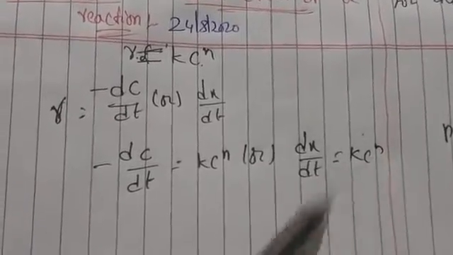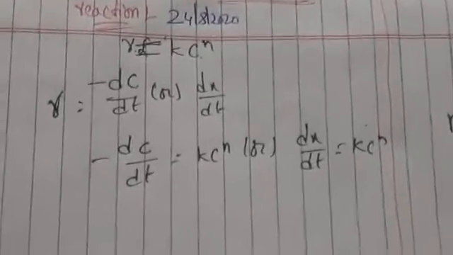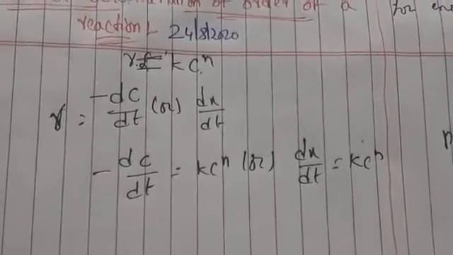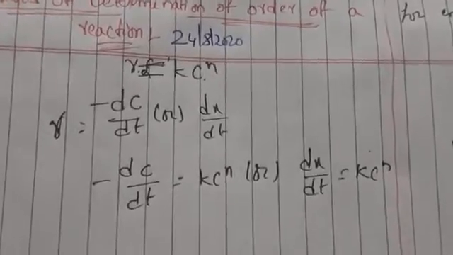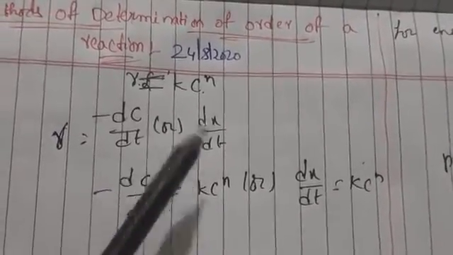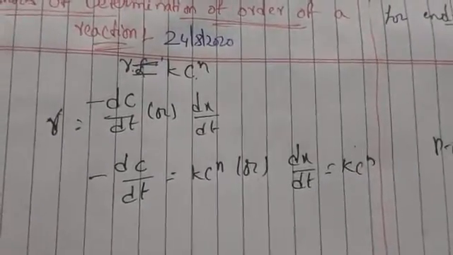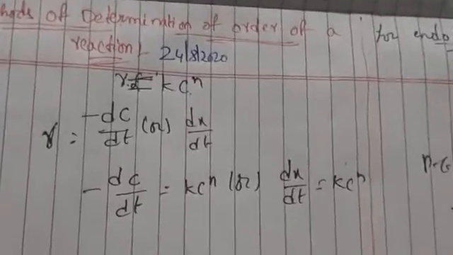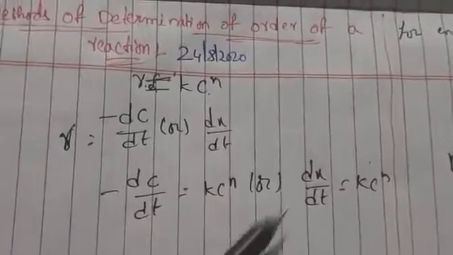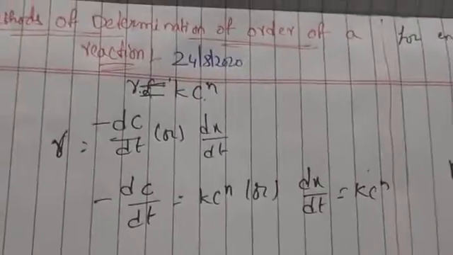Such equations we call integrated terms of rate equation. So what is the integrated form of rate equation? It is the relation between the rate constant K, time t, initial concentration A and concentration change x in time t. Such equations we call integrated terms of rate equation.